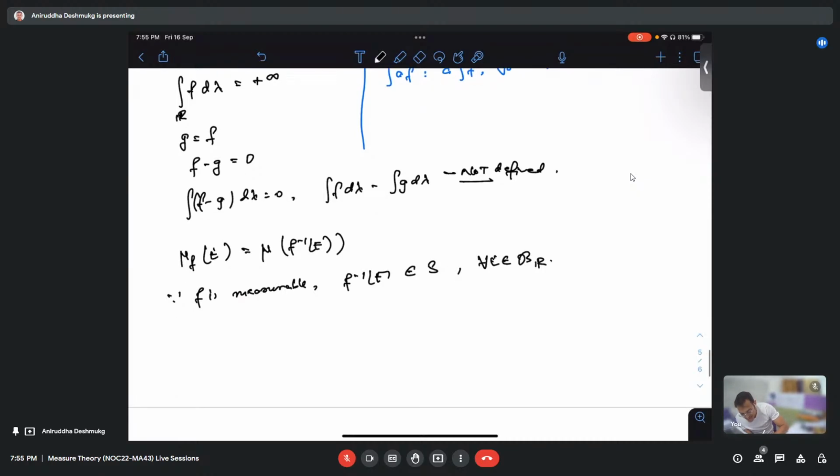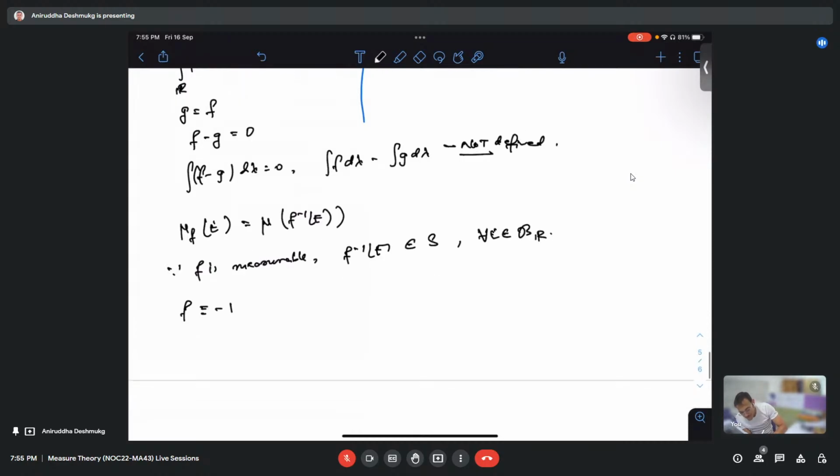For example, let us take f as identically minus 1, the constant function minus 1, from R to R. It is measurable, right? So what about mu f then? mu f of E is mu of f inverse E, and f inverse E has only two possibilities.